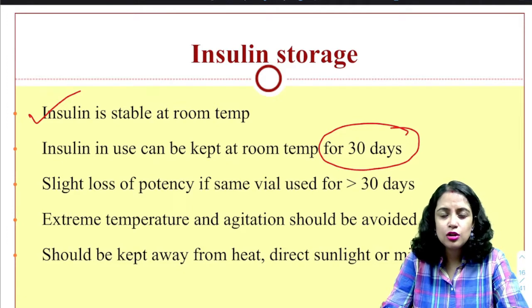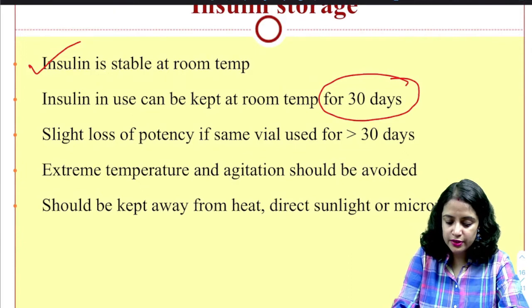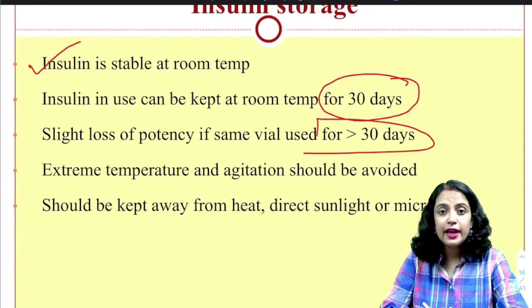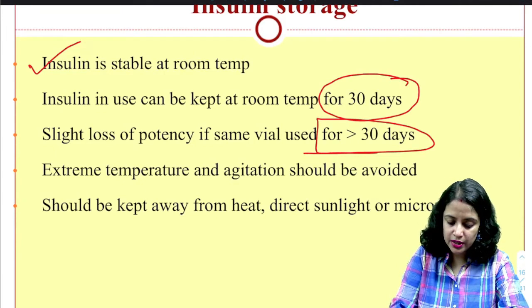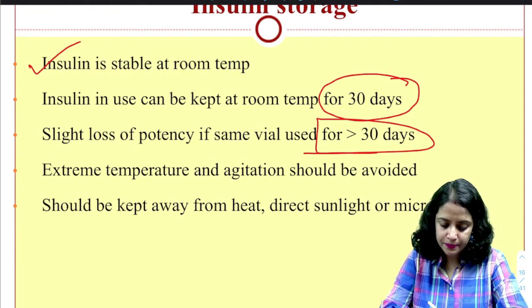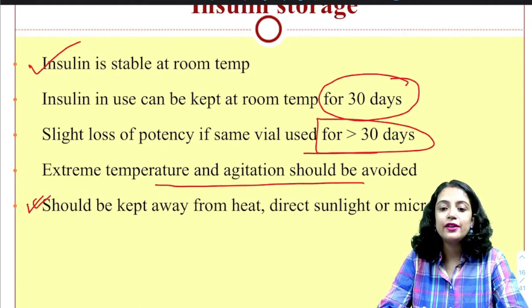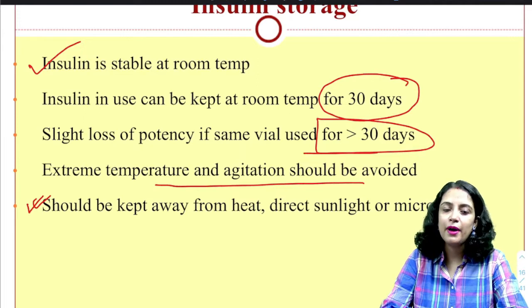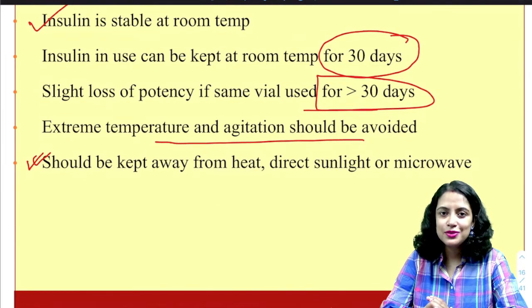There is slight loss of potency if the same vial is used for more than 30 days. Extremes of temperature should be avoided, and agitation of the vial should be avoided. It should be kept away from heat, direct sunlight, or microwave. So these are the important things we need to know about insulin storage.